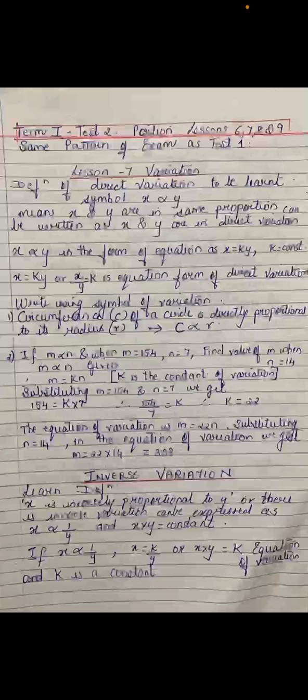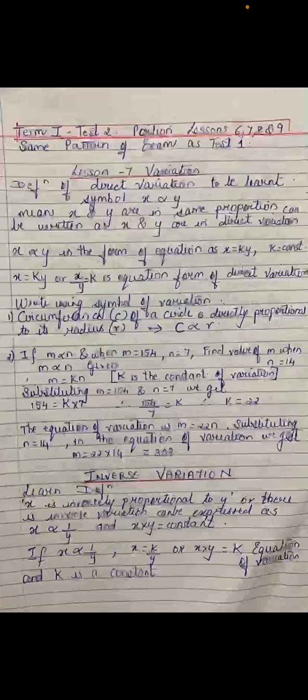Substituting m equal to 154 and n equal to 7, we get 154 is equal to k into 7. Therefore, 154 upon 7 is equal to k. So, k is equal to 22.